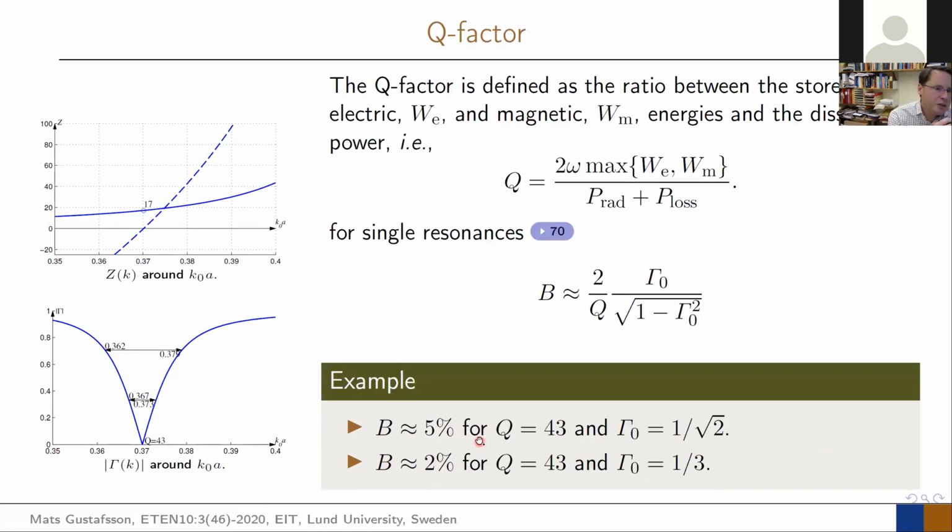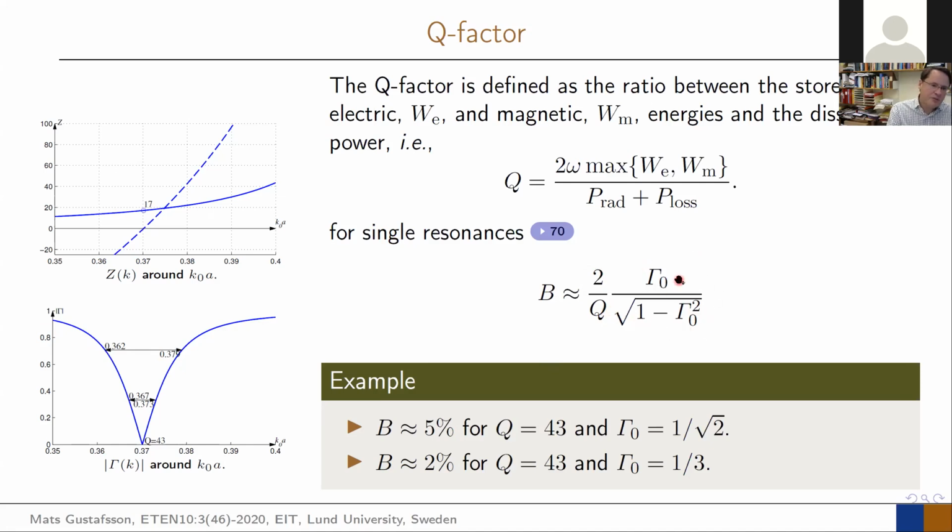So by defining the Q factor instead, you can get a quantity that has to do with these electric energies and magnetic energies. So it's something to do with the physics around your antenna. And for antennas which are single resonance, which typically is the behavior we have here, we have that the fractional bandwidth is 2 over Q times the reflection coefficient.